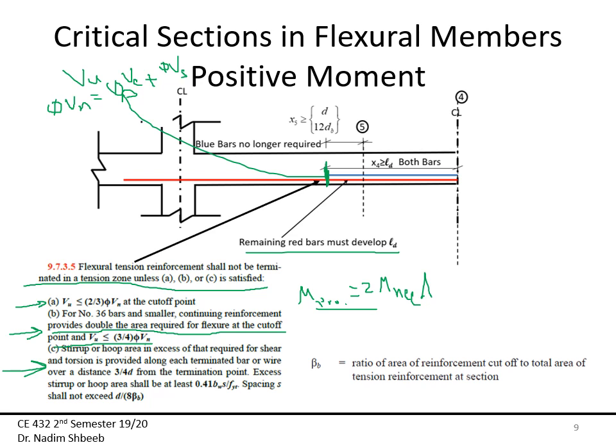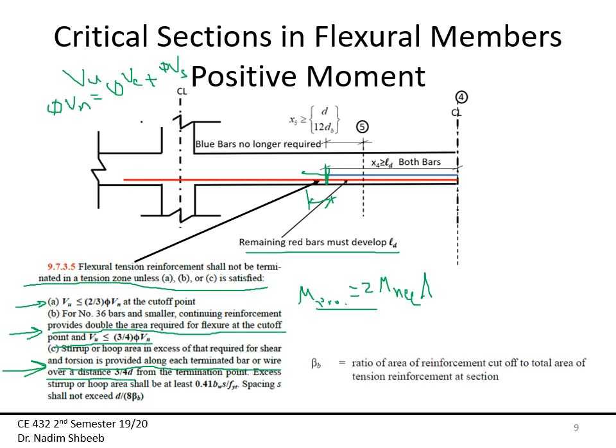For condition C, the stirrup or hoop area in excess of that required for shear and torsion is provided along each terminated bar or wire over a distance 3/4 d from the termination point. So going back again to this section right here, what it's saying is that at this terminated point, I have to ignore whatever stirrups I have for shear or torsion, and I have to add more stirrups in this direction.